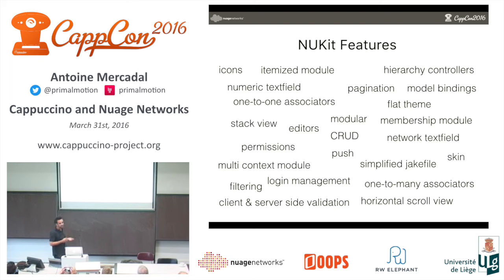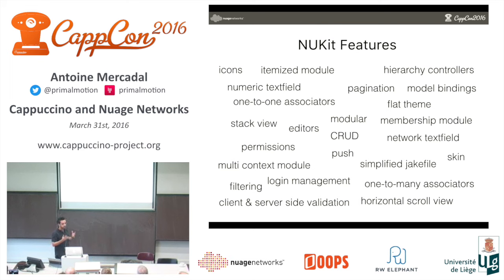The permission system is also in place, so right now I was logged as me in the architect or the to-do list application. If I log as another guy, I won't see anything from that guy. So everything is depending on the permission plugin you put. We have some tools. We have a simplified JEC file where it's just declarative stuff.